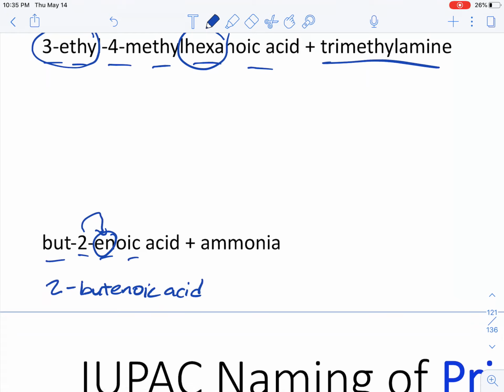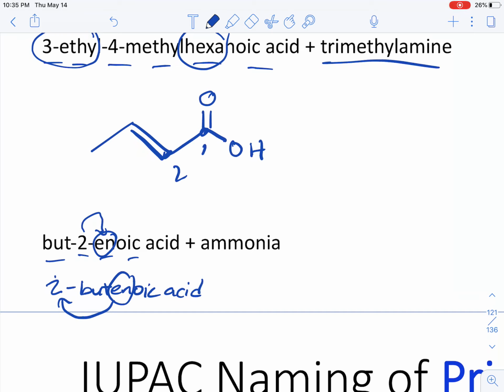Since we have a butene, we have a 4-carbon compound, 1, 2, 3, 4. We know that carboxylic acids are always terminal. So this is carbon 1, this is carbon 2, and on carbon 2 we have a double bond.